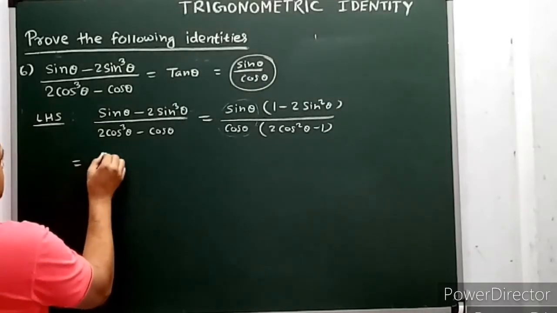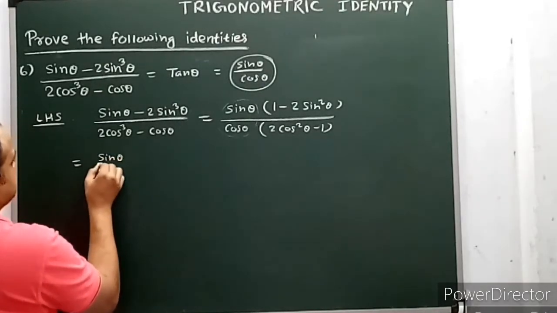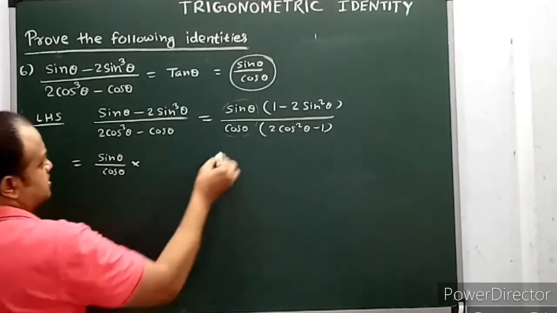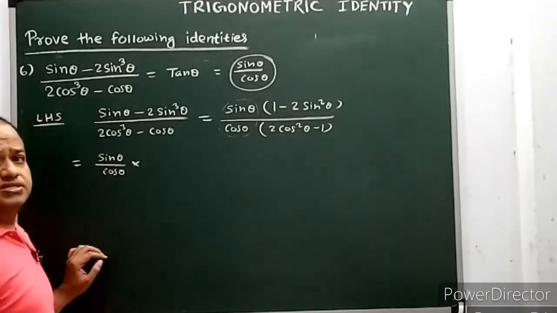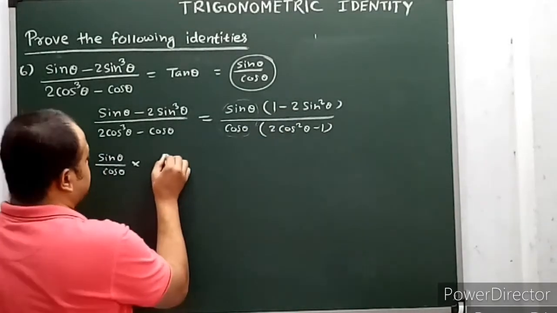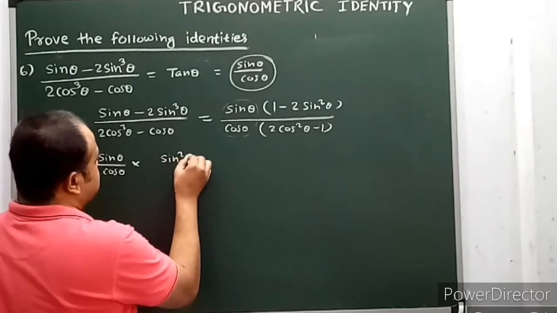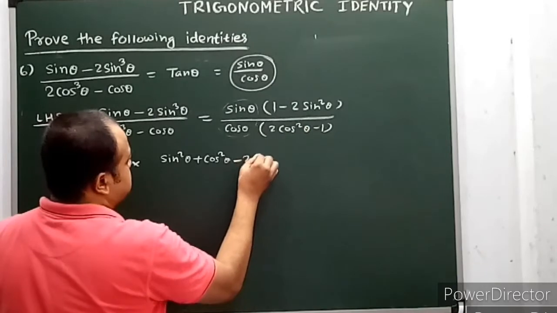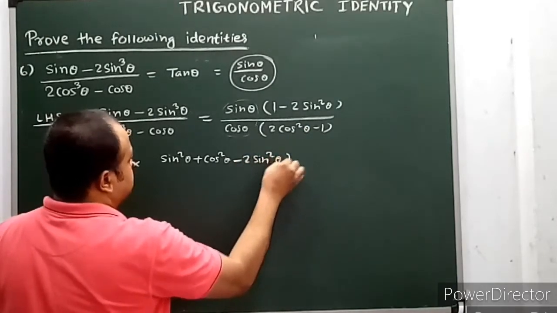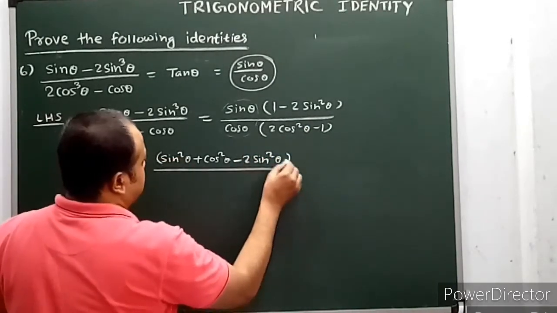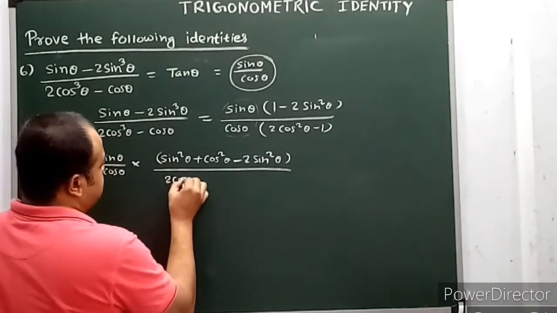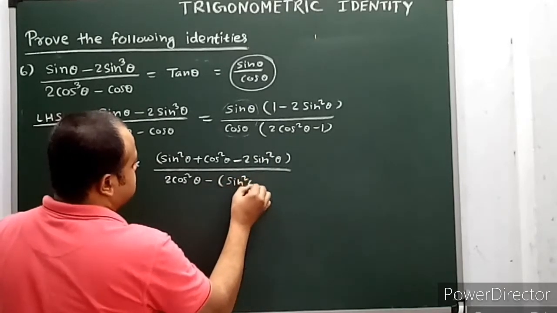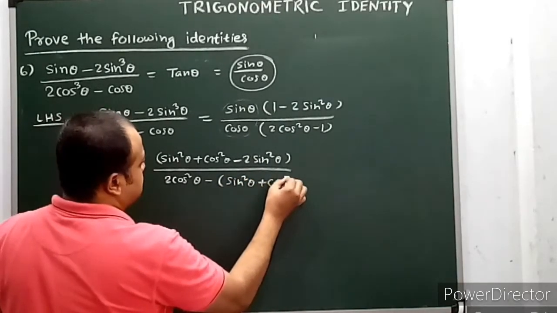I am writing this as it is, sin theta by cos theta into, in place of 1 I can write sin square theta plus cos square theta, and this one minus 2 sin square theta. Here 2 cos square theta we are writing as it is, and in place of 1 I will write again sin square theta plus cos square theta.